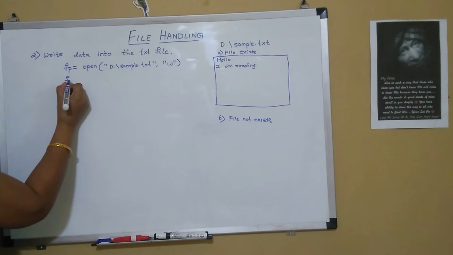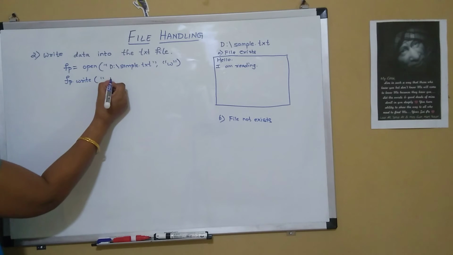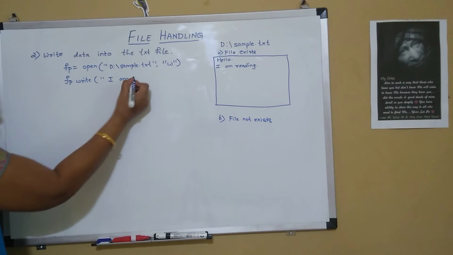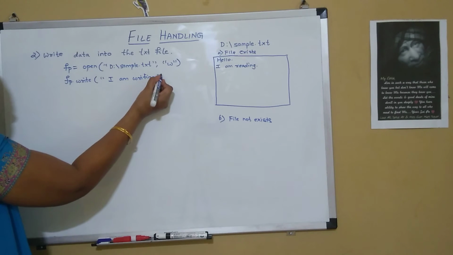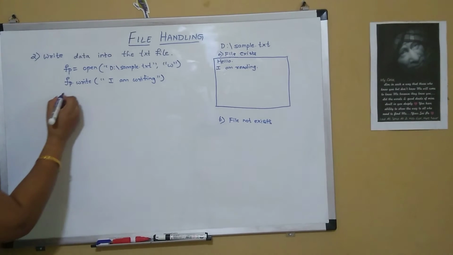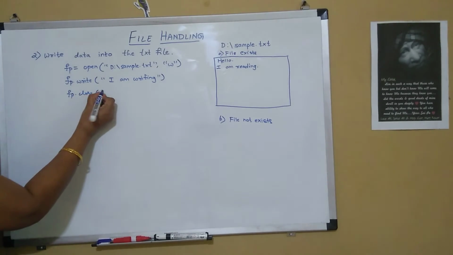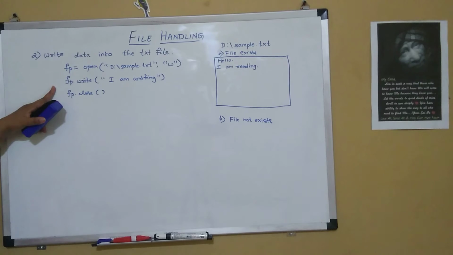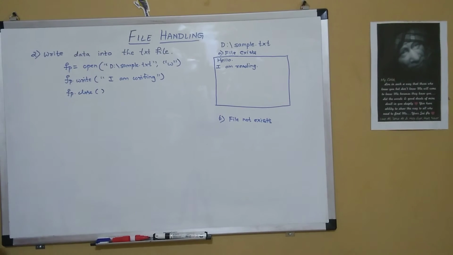And next let me say fp dot write, I am writing. So I want to write I am writing into the text file. And finally let me say fp dot close. I have to close the file explicitly. Whatever I have opened the file, after opening we have to close the file.